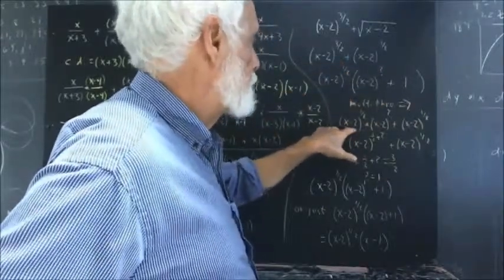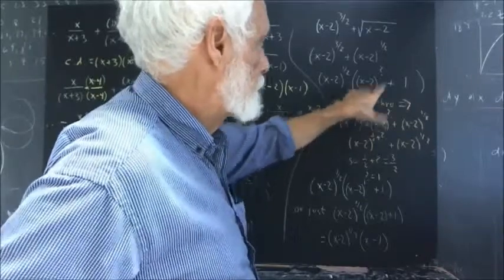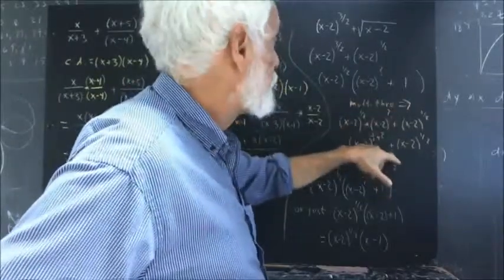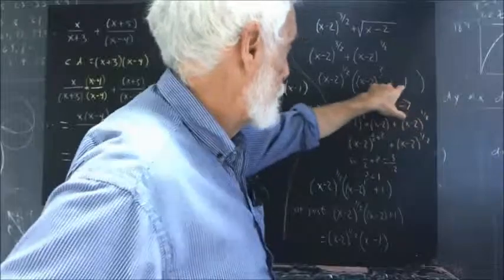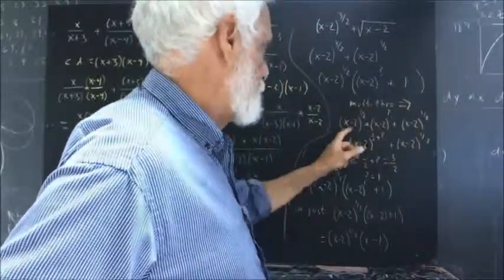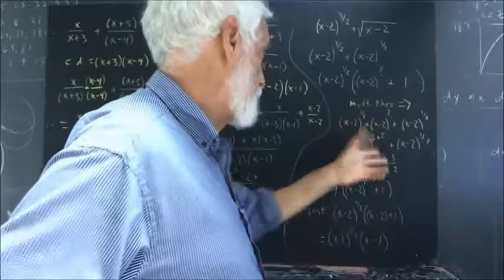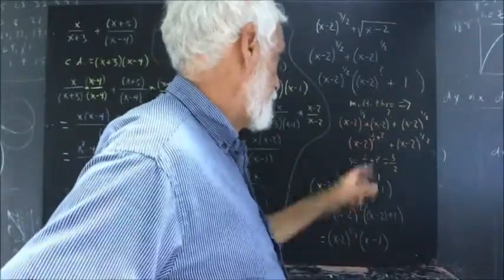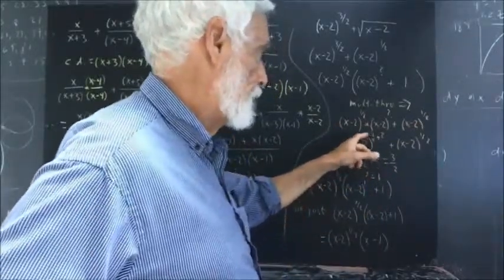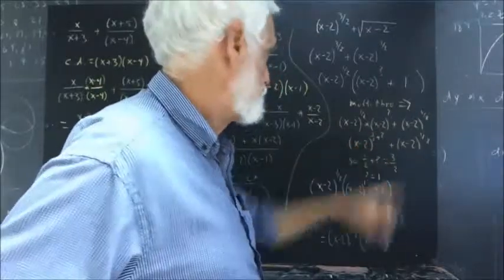So we're going to have x minus 2 to the 1/2 times x minus 2 to the whatever, plus x minus 2 to the 1/2. And when we multiply the two quantities, we're going to add the exponents. We get x minus 2 to the 1/2 plus whatever.